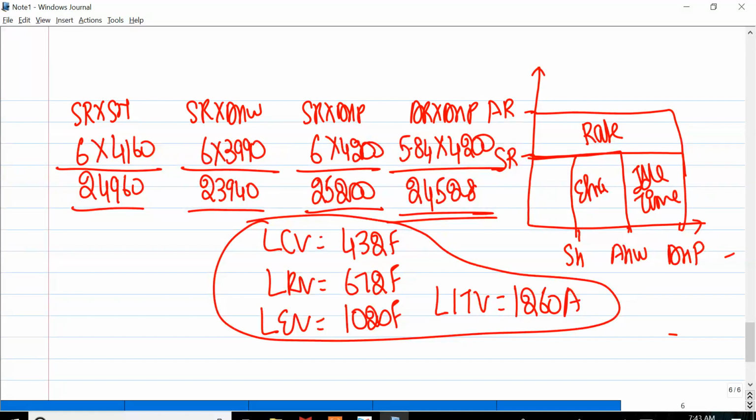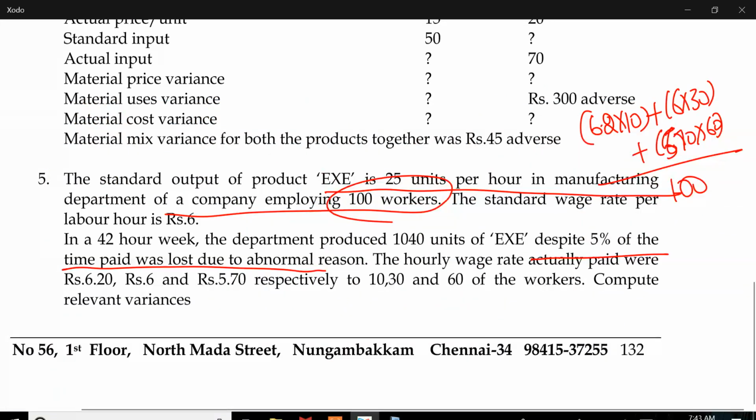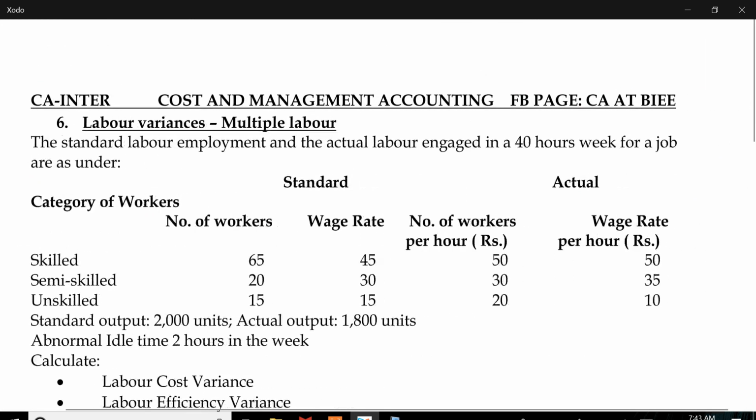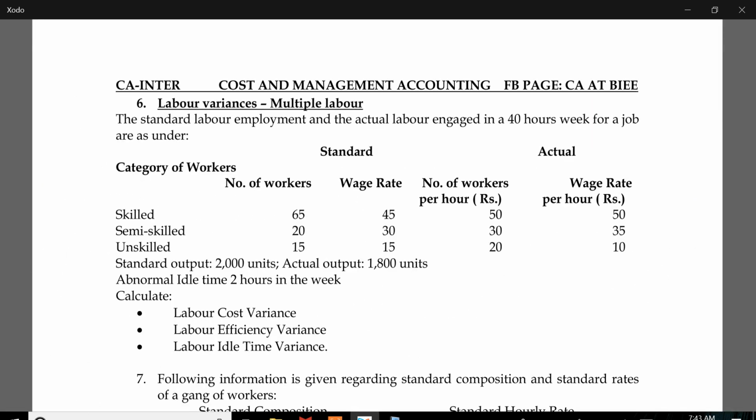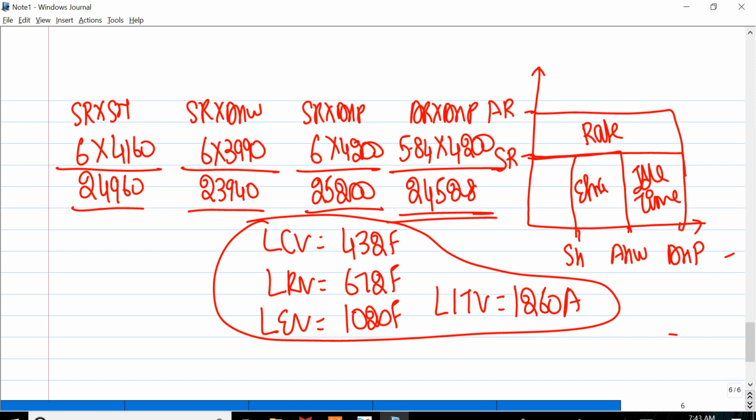Can you proceed? Any doubts on this? Okay, let's move to question number 6. Complete it. Let me know if there are doubts.